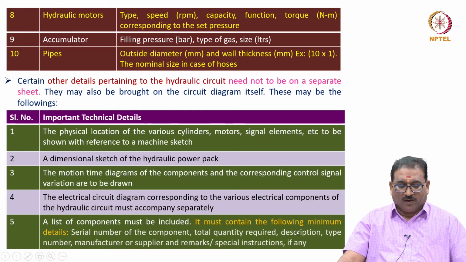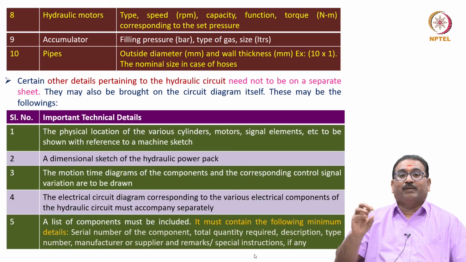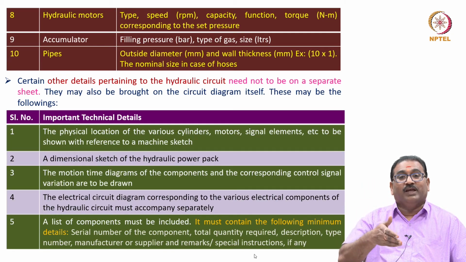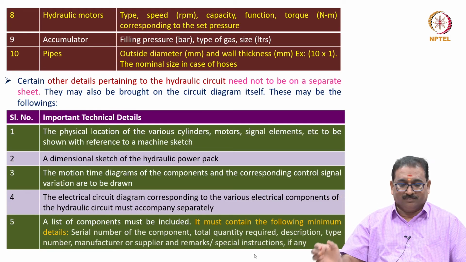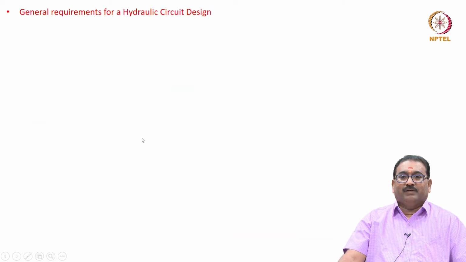It must contain the following minimum details: serial number of the components, total quantity required, description, type number, manufacturer or supplier, and remarks and special instructions if any. After building the circuit, it contains various information useful for the designer, maintenance people or anyone.